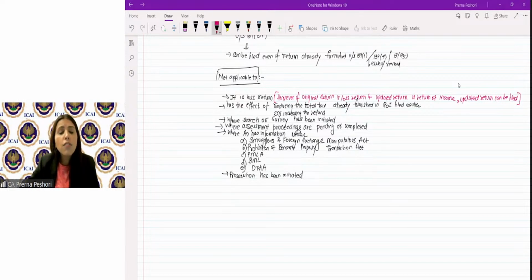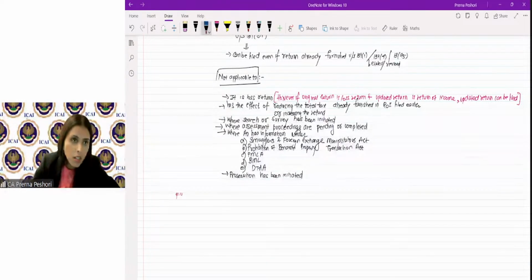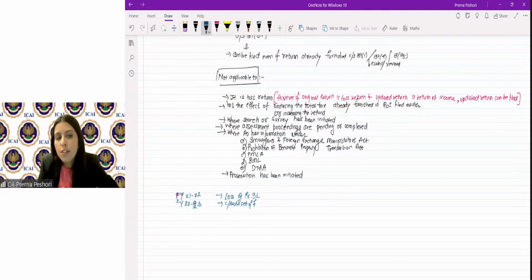So now in the case of the updated return, let's say for example, if this year I'm filing the updated return. Now because of that, let's say my loss is getting reduced. Let's take an example. Let's say for financial year 21-22, I had a loss of rupees 3 lakh. I carry forward this loss and set off for 22-23.